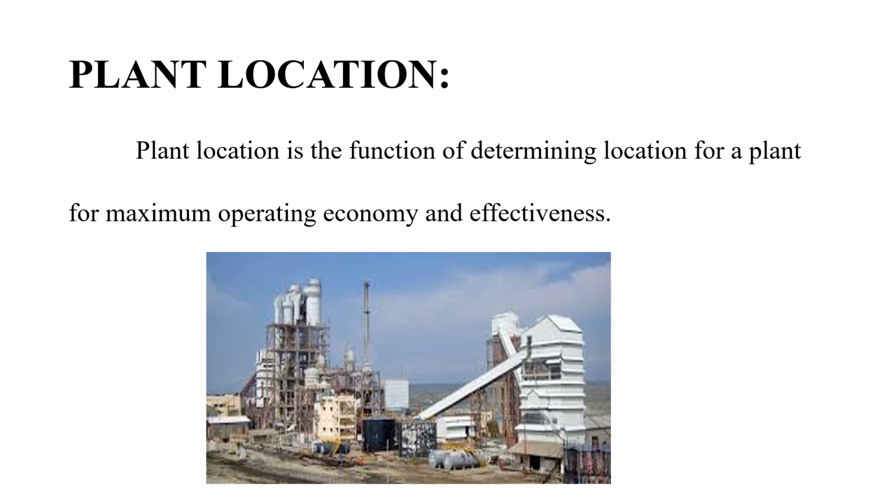Next, let us see why there is a need of locating a plant and selecting a location. There are six conditions. When the business is newly started, there is a need of selecting a location.